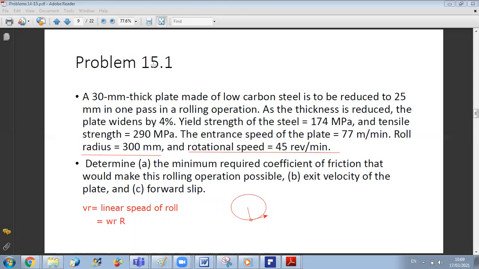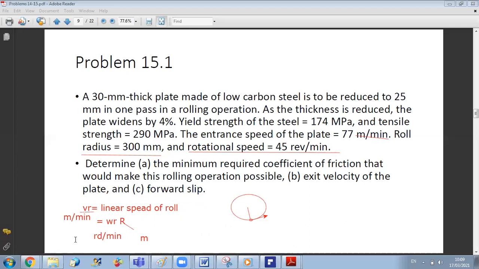So in case you want, for example, since V exit was calculated in meters per minute, I want VR also to be in meters per minute. So to have VR in meters per minute, I should have the radius in meters, and I should have omega r in radians per minute.